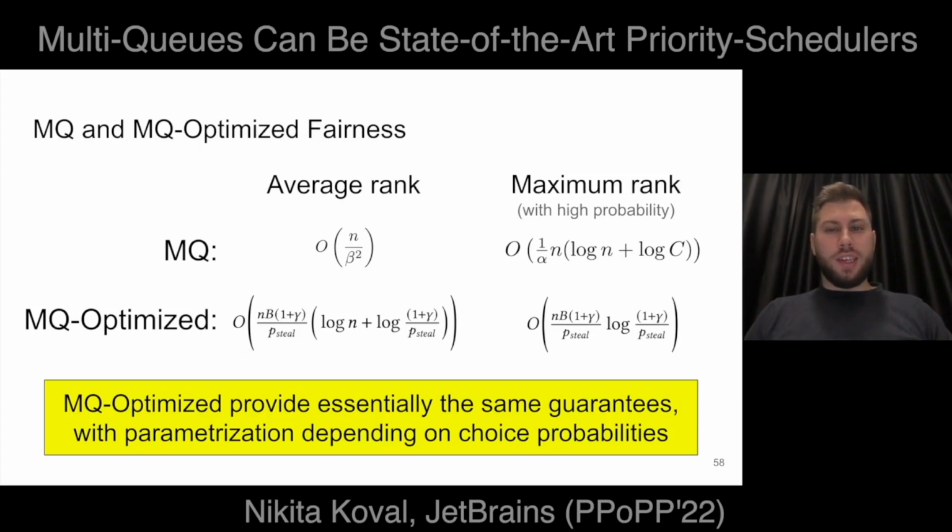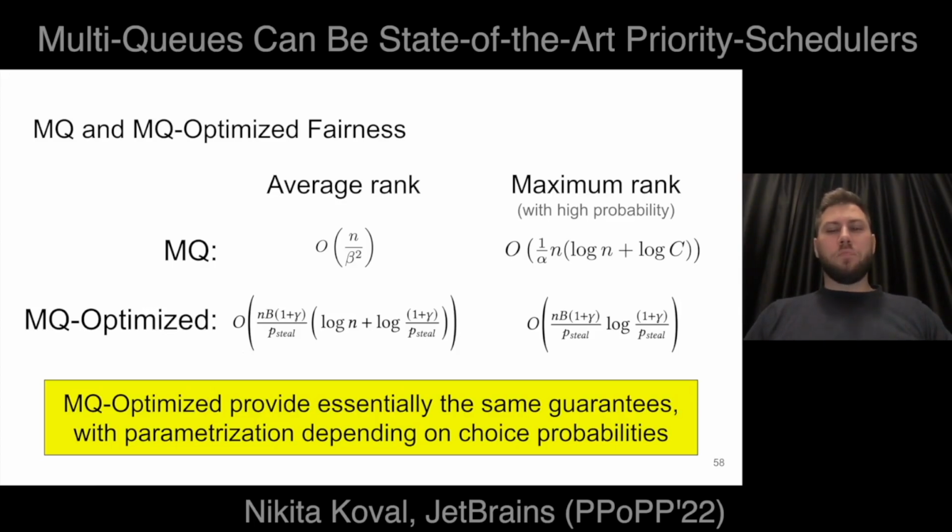Here you can see the guarantees for the classic multi-queue on the top, the guarantee on the average rank and the maximum rank with the high probability, and also the bounds for the MQ optimized version. Probably you don't understand all these formulas, but trust me, it doesn't matter.